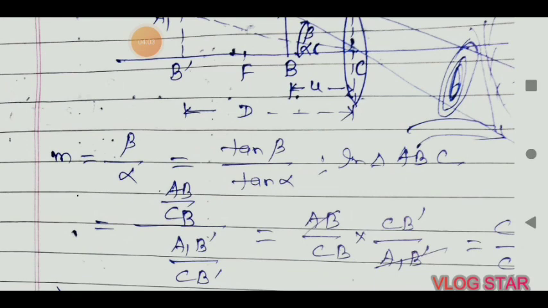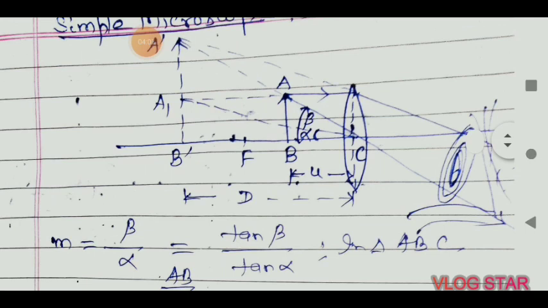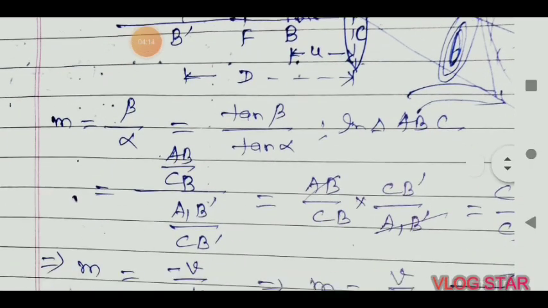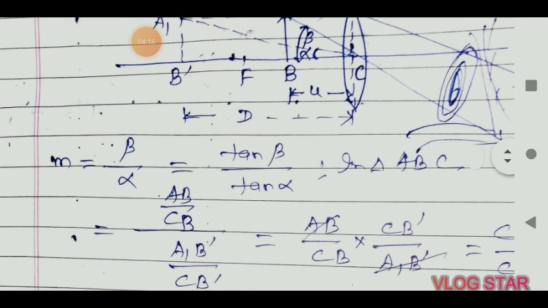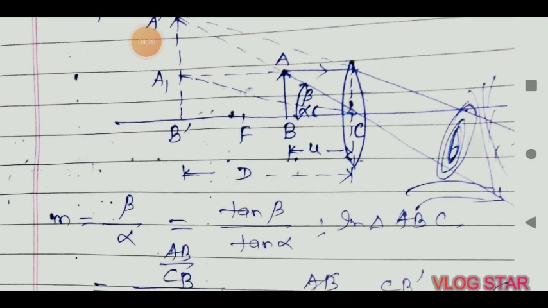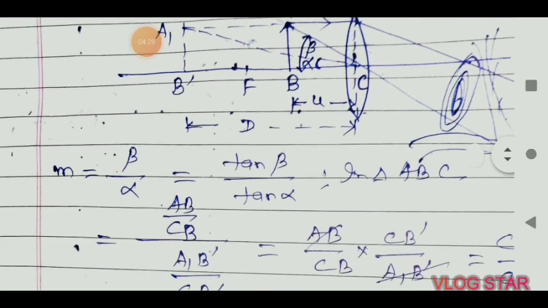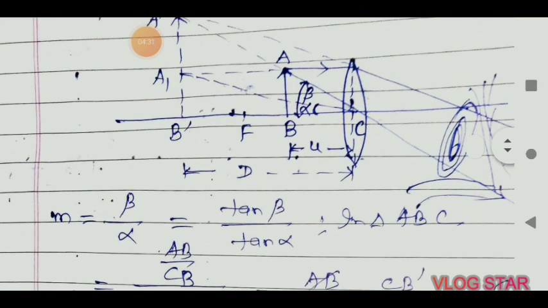Now we put the values: tan beta is A dash B dash upon B dash C, and tan alpha is the object AB upon CB, that is A1 B dash upon CB dash.